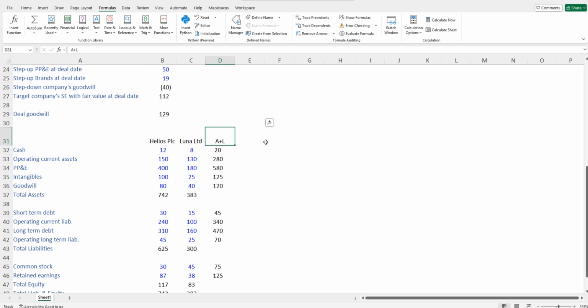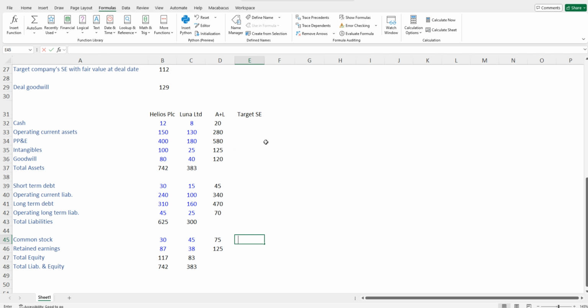Then the next step is to retire the target company's shareholders' equity, so you make it a negative and zero it out.